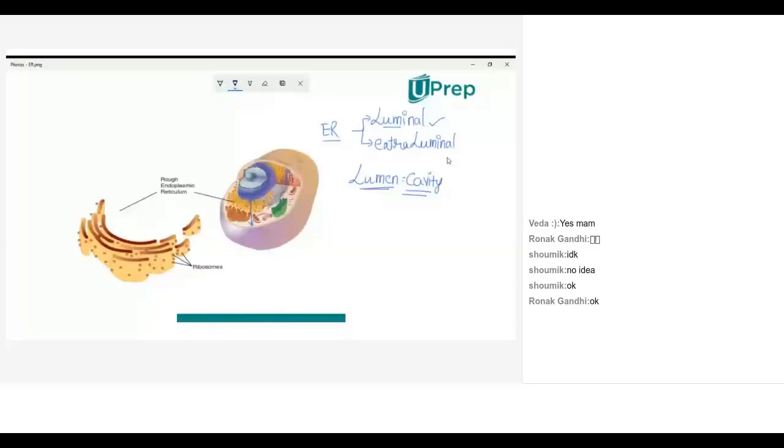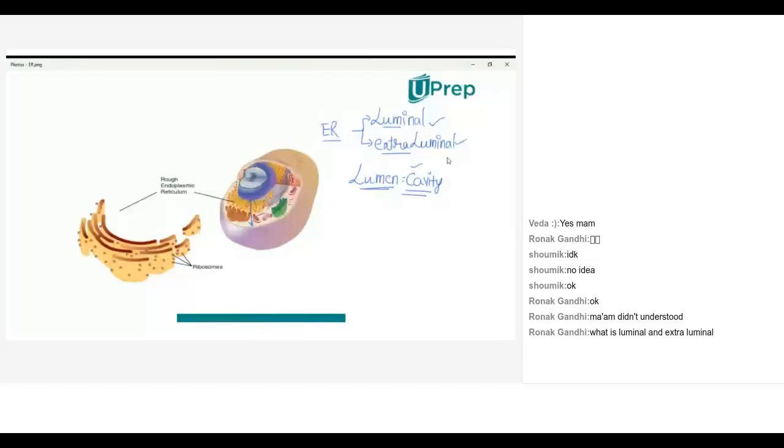And the remaining part, which is outside the endoplasmic reticulum, is called the extraluminal part of the cell. Usually a question can be framed like, extraluminal part refers to which part of the cell. So you have to get an idea what luminal part and extraluminal part mean. Lumen is nothing but the cavity of the cell, which is nothing but the cytoplasm.